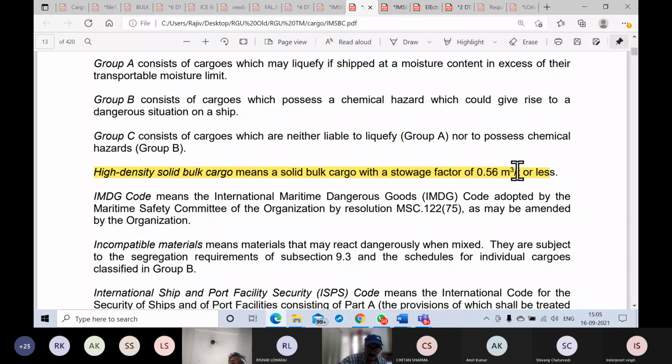That is, if the storage factor is 0.56 meter cube per ton or less, then it is called high density solid bulk cargo. In this case, high density will be if 1 ton of the cargo occupies 0.56 meter cube or lesser, then it is termed as high density solid bulk cargo.